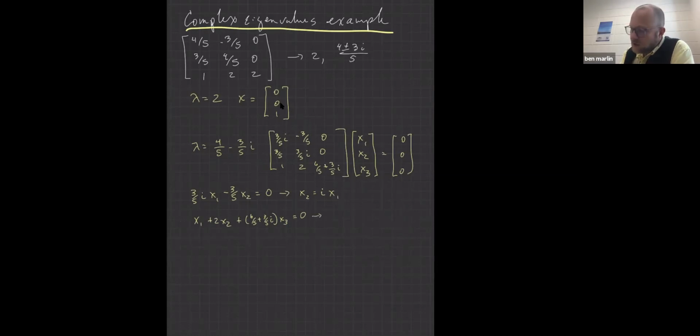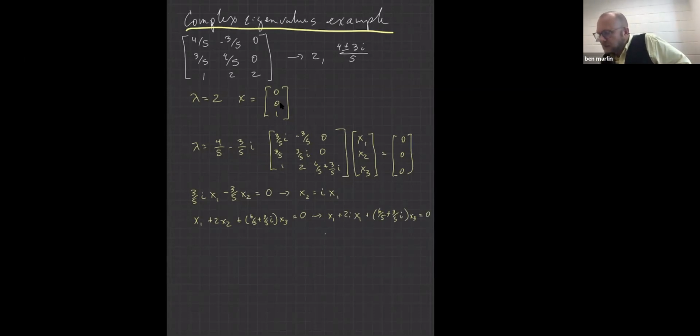Let's substitute that in there and have x1 plus 2i x1 plus the 6/5 plus 3/5 i x3 equals 0, okay?